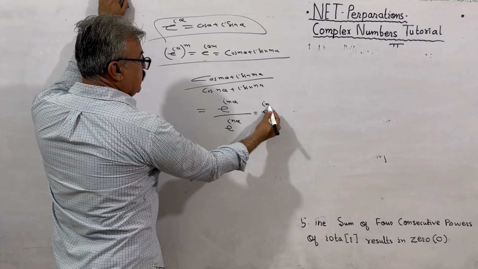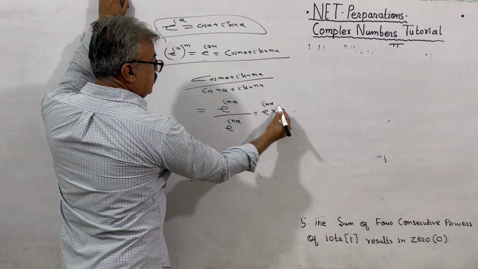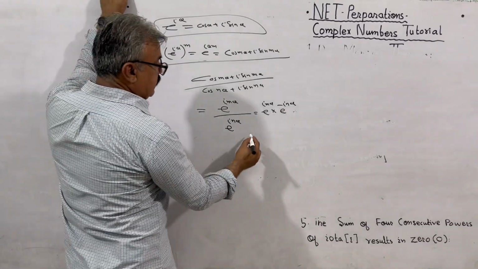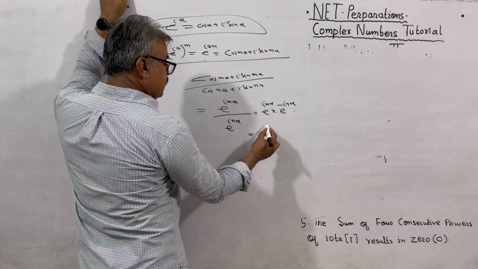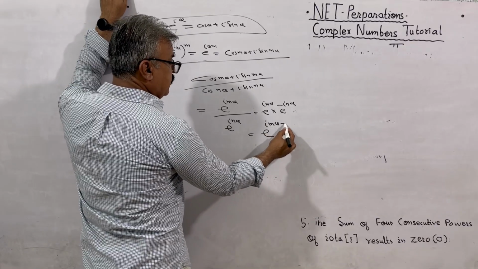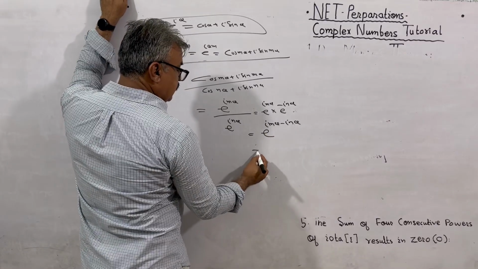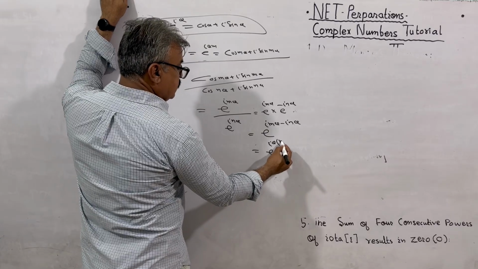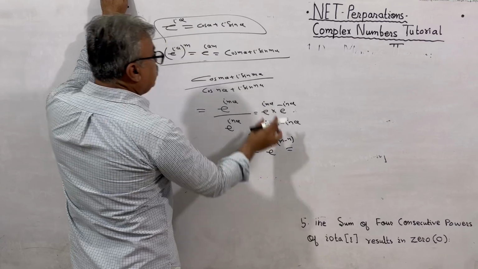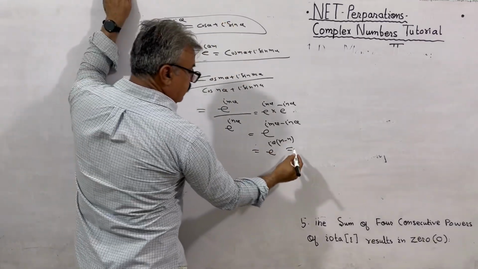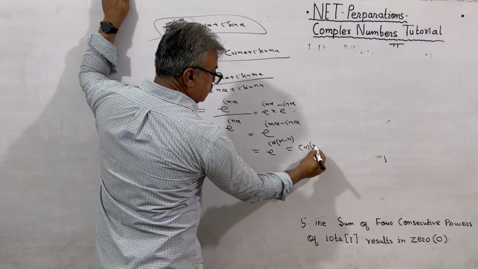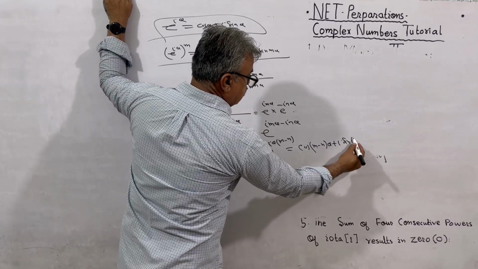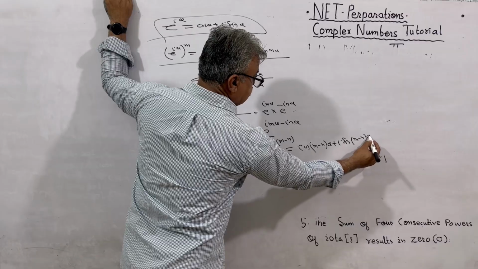I can write e raised iota m theta times e raised negative iota n theta. As bases are same, add their powers. It will become iota m theta minus iota n theta. Taking iota and theta common, we have m minus n. One can write in same form, cos m minus n theta plus iota sin m minus n theta.